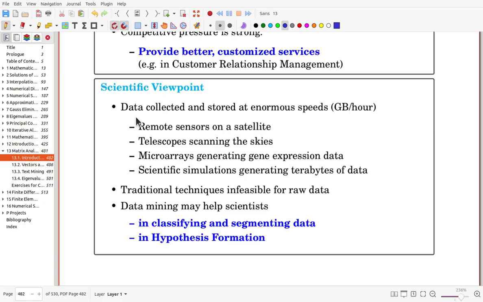Traditional techniques are infeasible for such raw data because it's very heterogeneous and the data amount is so huge. Data mining may help scientists in classifying and segmenting data and in hypothesis formation.